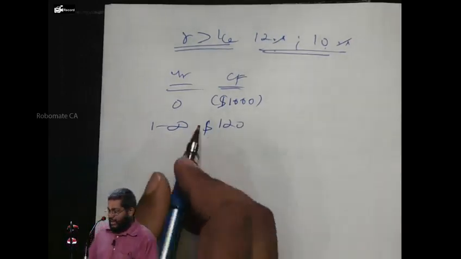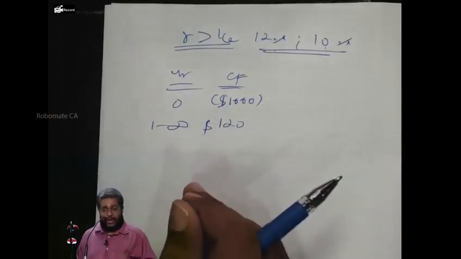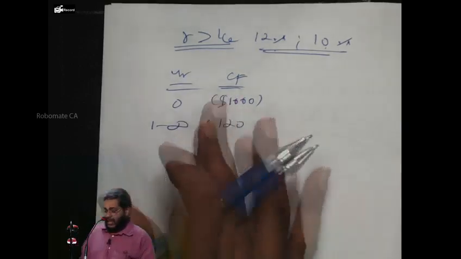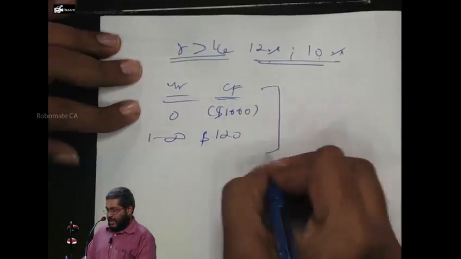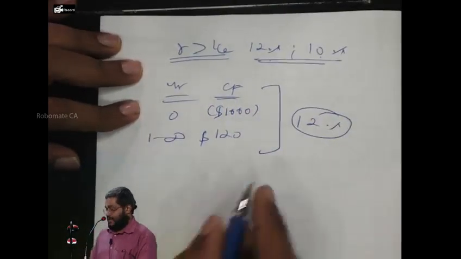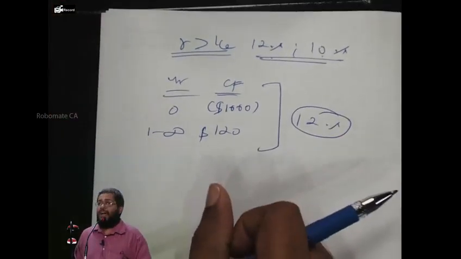If I invest $1,000, for simplicity, this project will give me $120 forever. It's a perpetual project. In that case, what is the IRR of this project? 12%. But for calculating NPV, we discount at the cost of capital.